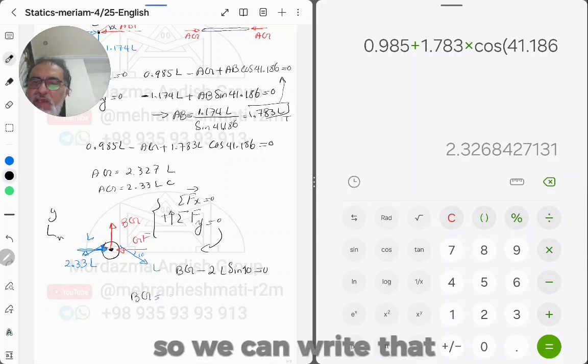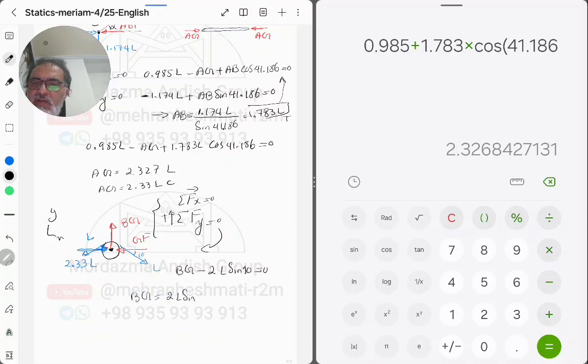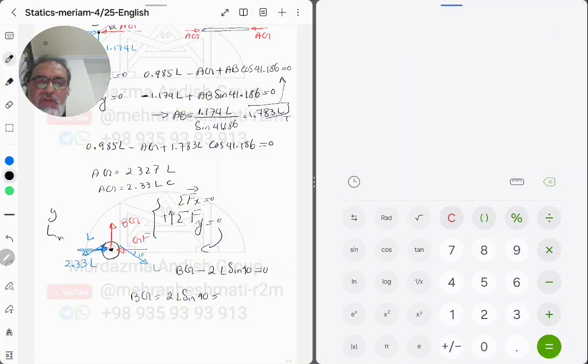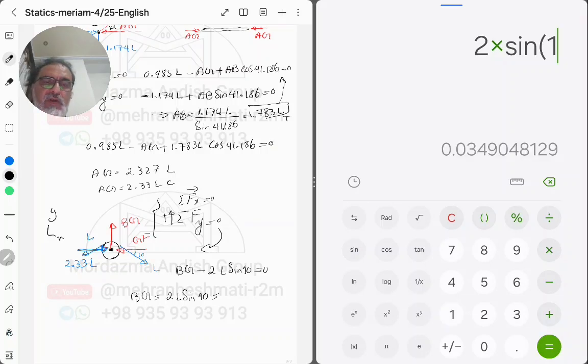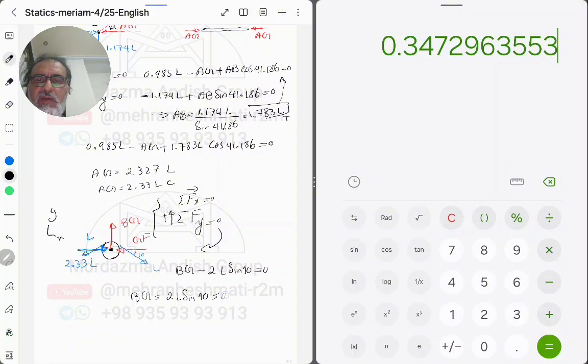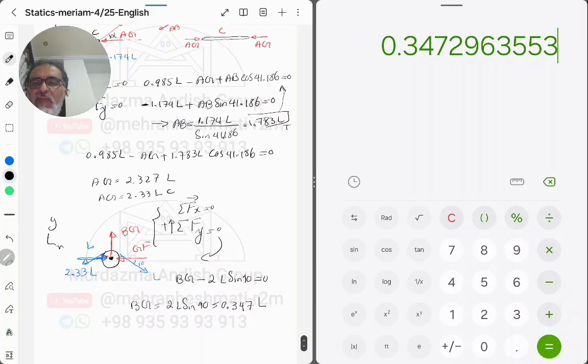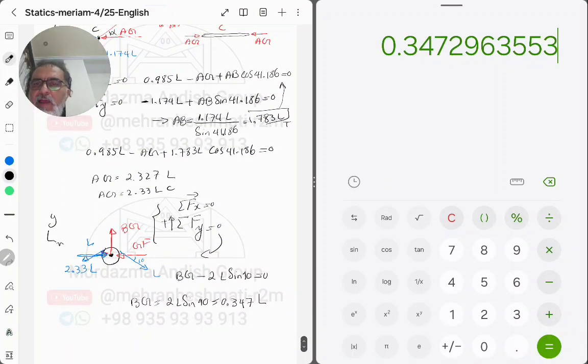So we can write that 2 divided by, multiply sine of 10. 3.47L.